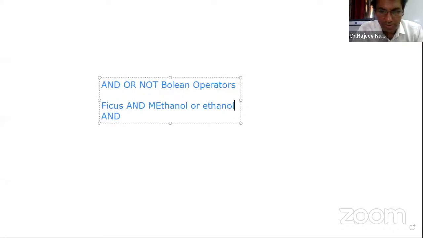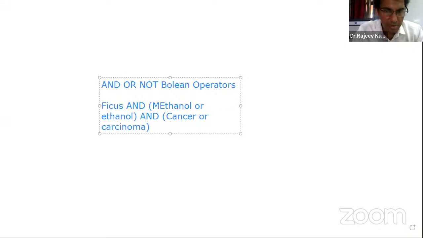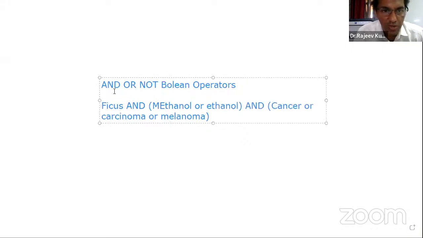Both are polar solvents, so I will use both terms in an or combination, and then I will combine them with the keywords for cancer, or carcinoma. They carry the same kind of meaning, and we can also use melanoma. So this is my search string. If you can see, I have used two kinds of operators here, and and or.